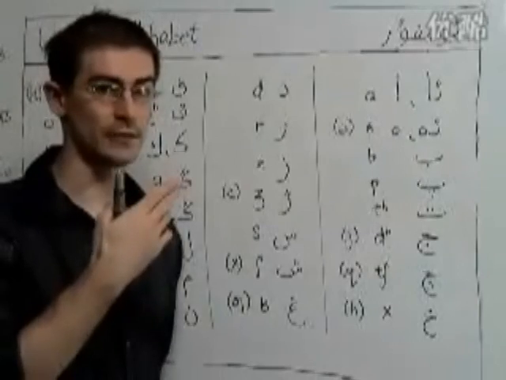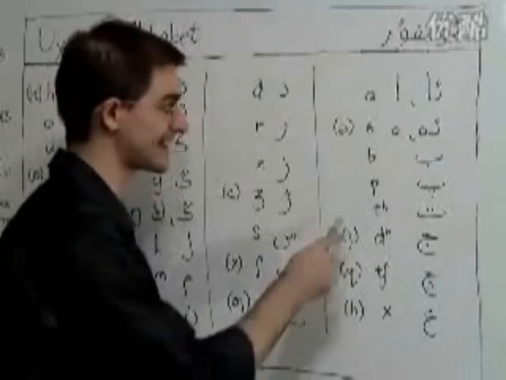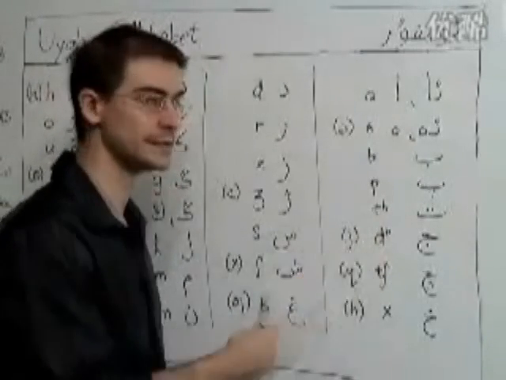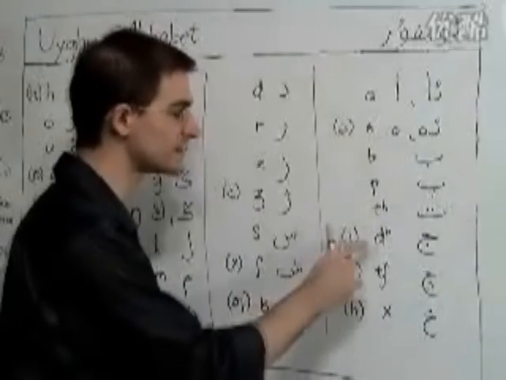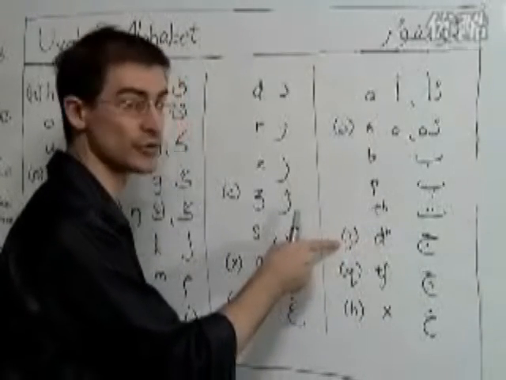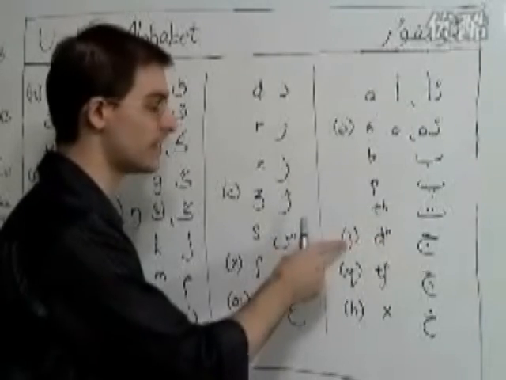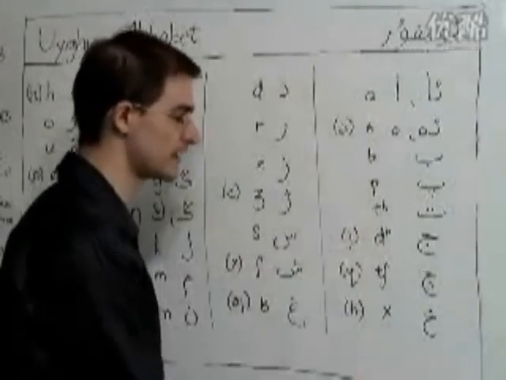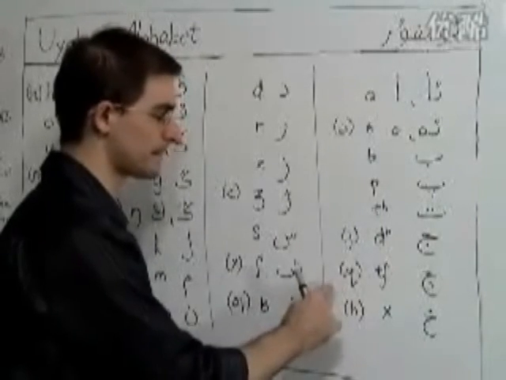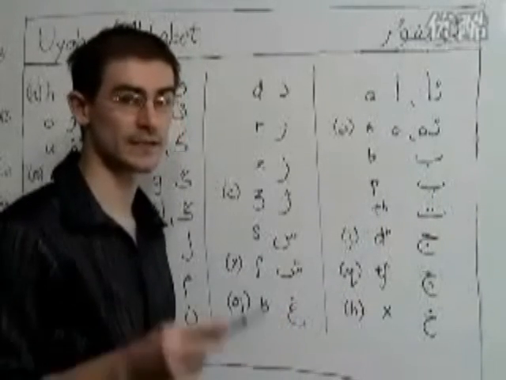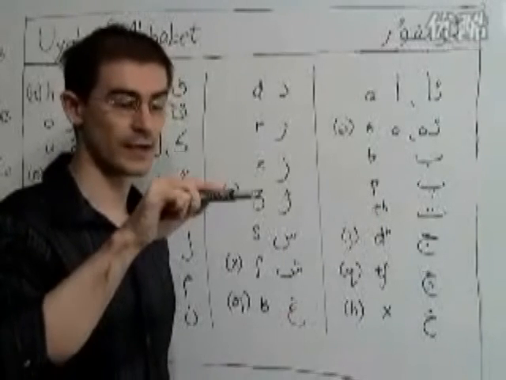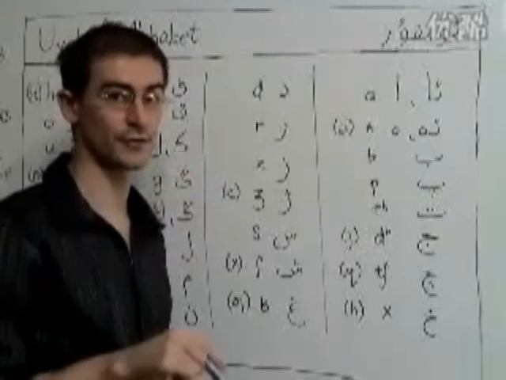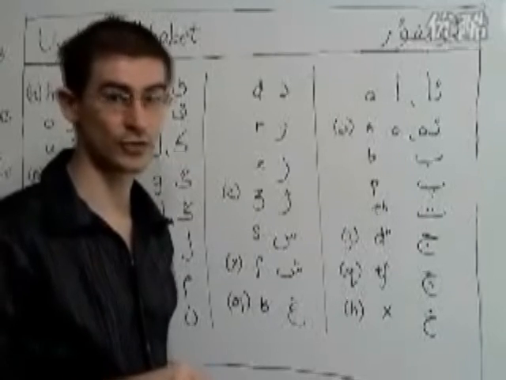T is always aspirated, just as in English. D is slightly different. The romanization uses the same as Arabic with a J, but notice that the pronunciation is a d. It's an aspirated D. Here we have a new letter. It's like a CH sound, or like this C with a cedilla underneath, as used in Turkish.